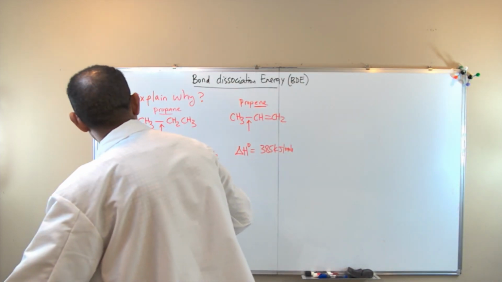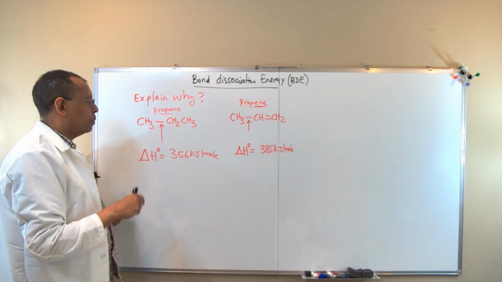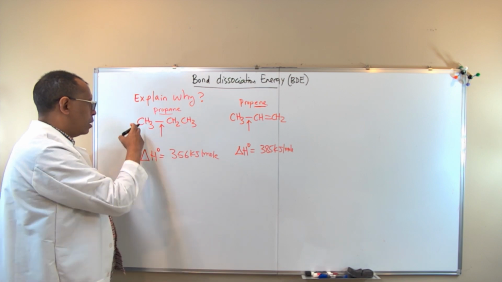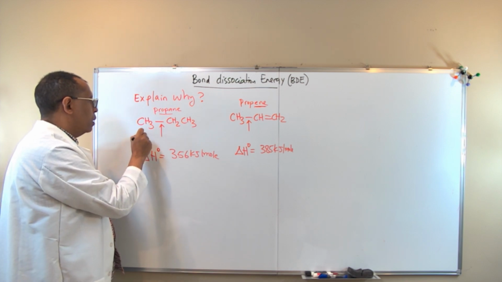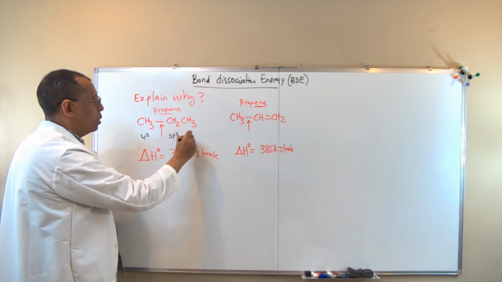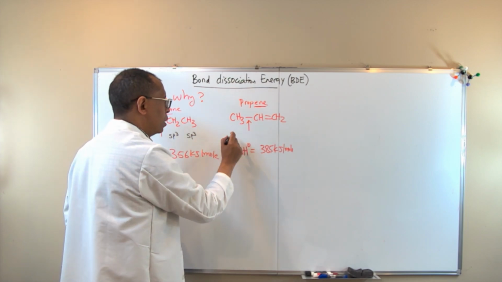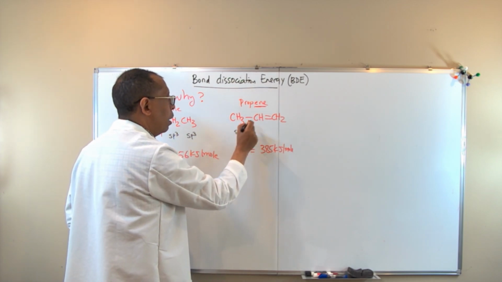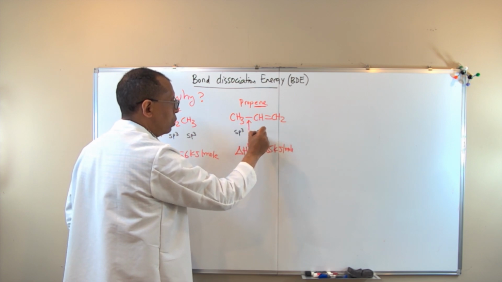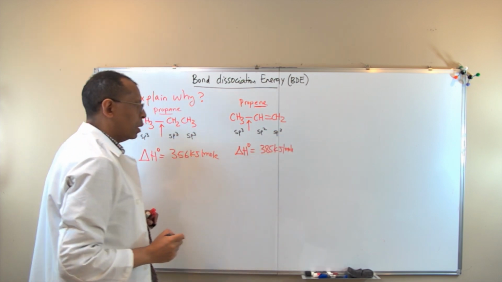If you just look at the hybridization of each carbon, this carbon is sp3, this carbon is sp3, this carbon is sp3, and this carbon is sp3. However, the middle one is sp2 hybridization.